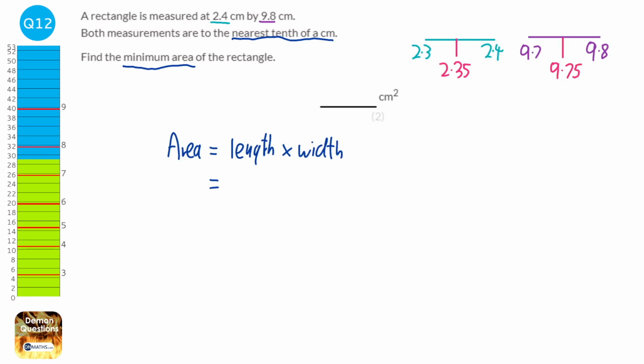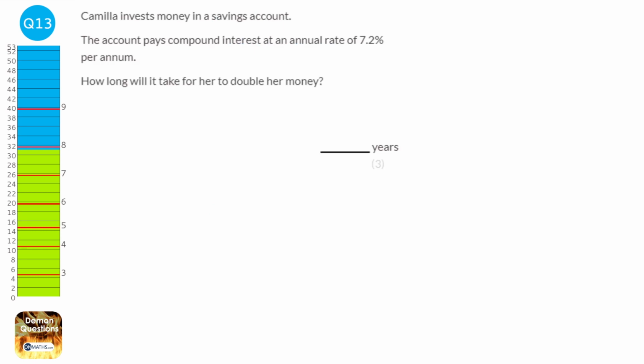So we're going to find the length, which is 2.35, times it by the width, which is 9.75. Let's just do that a bit nicer. And that gives us the answer of 22.9125, so it'd be 22.9125 centimetres squared.